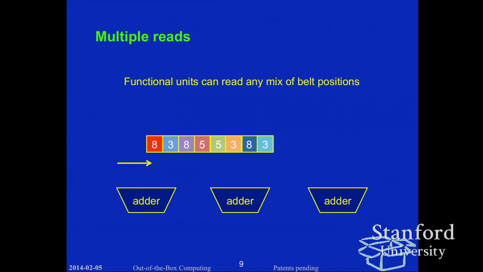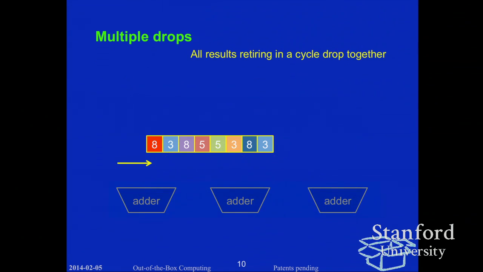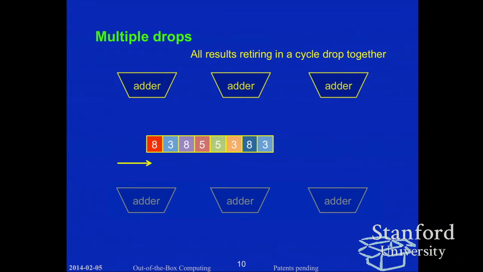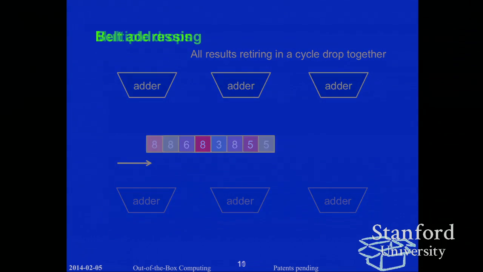So in this case, you can have 3 different functional units, which will be independently grabbing values off of the belt. And in due course, when those functional units are ready to retire their results, all of their results drop onto the front of the belt and push corresponding numbers of operands off the back.